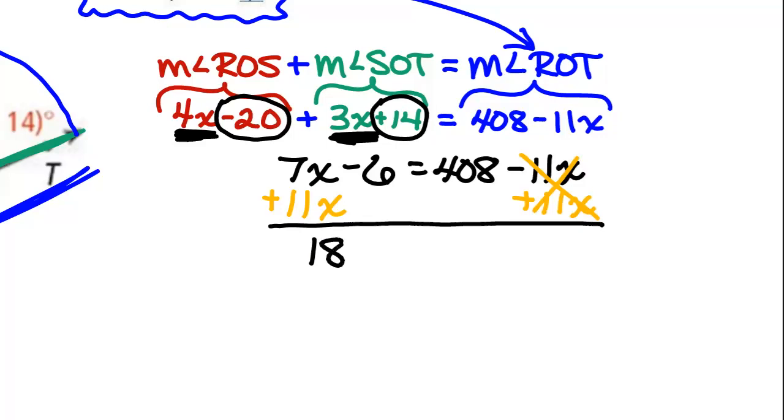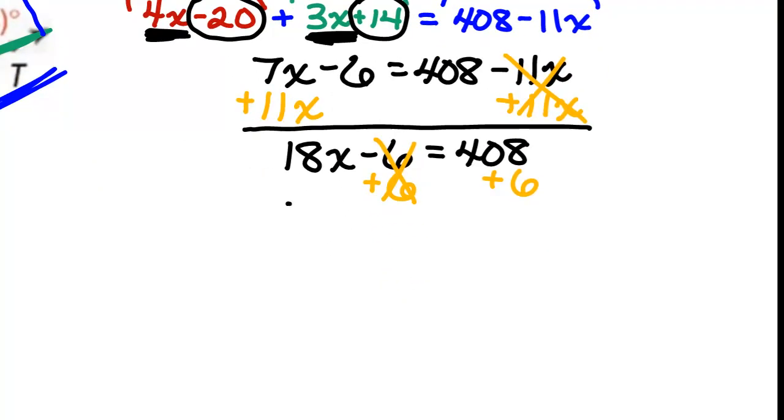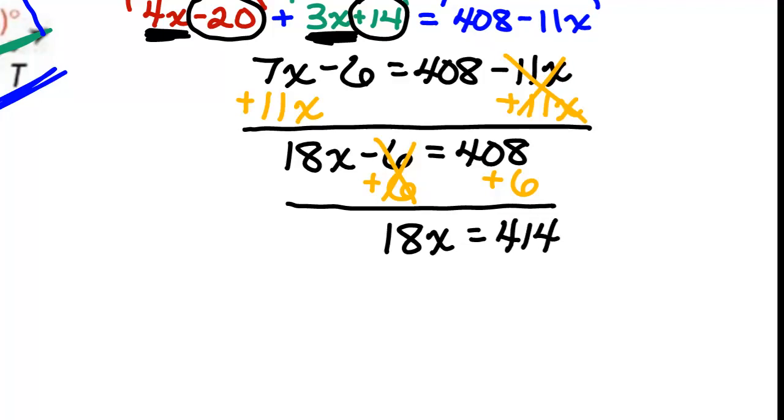All right, so I would have 18x minus 6 equals 408. Then I'll add 6 to both sides. Again, there's nothing wrong with switching those two steps around. Either way you do it, you should end up with 18x equals what? 414.